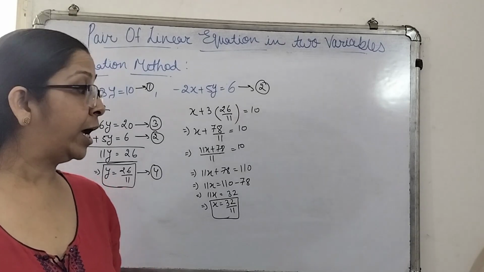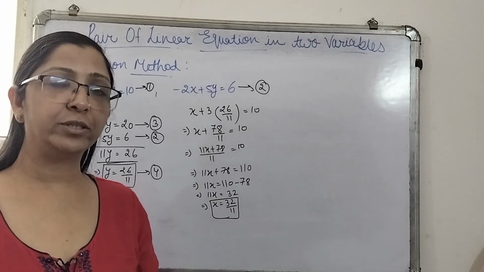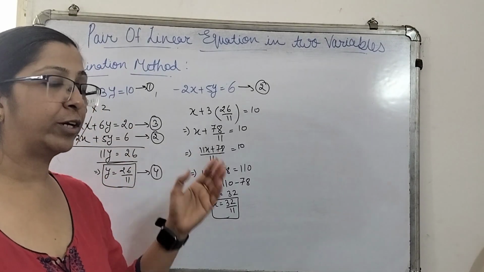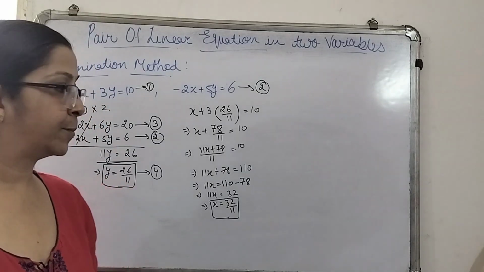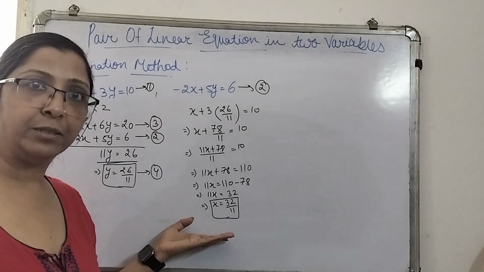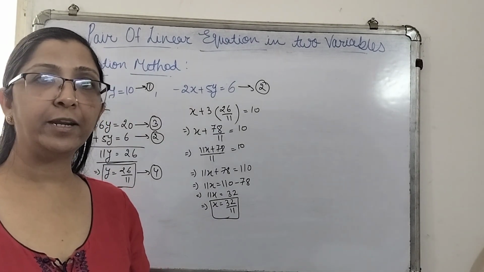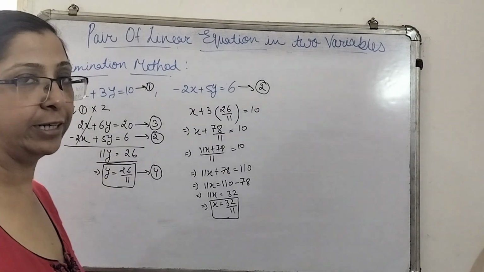Or if we get a statement which is not true for any condition, then we can conclude that this pair of equations has no solution. They will be parallel lines. So by this method we can find whether we get a unique solution, infinitely many solutions, or no solution.